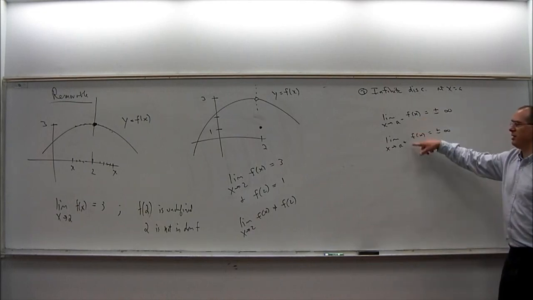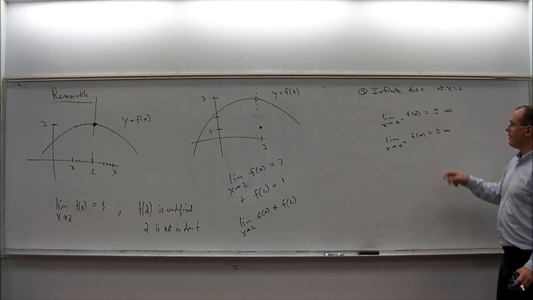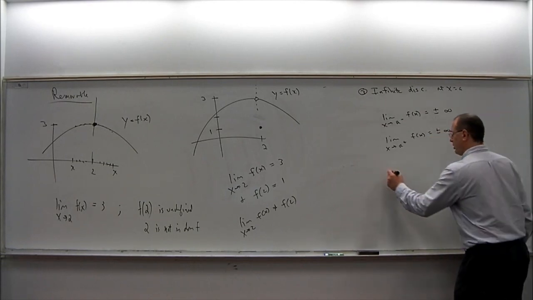So if either of these occurs, then you'll have an infinite discontinuity. You will have in the graph a vertical asymptote.